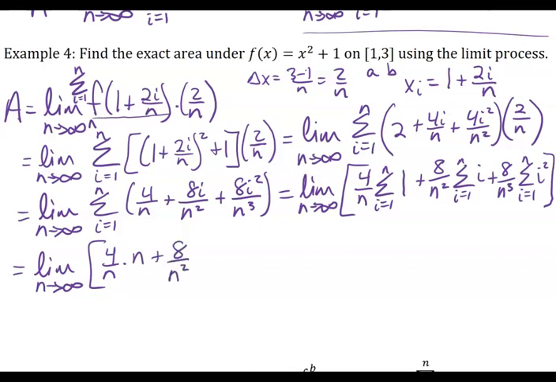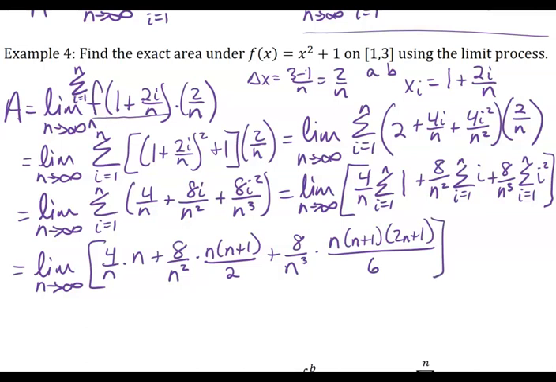And then I have 8 over n squared times, now this is the linear series, which is n times n plus 1 over 2. And lastly, 8 over n cubed times the quadratic series right here, which is n times n plus 1 times 2n plus 1 all over 6.